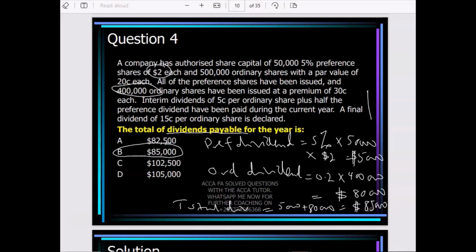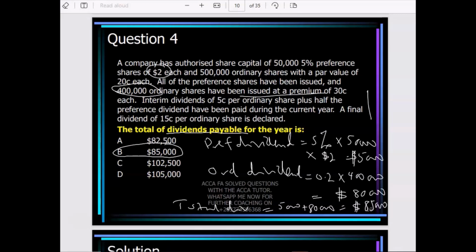The issue of share premium, these are words which are used in questions like this just to throw you overboard, but you just have to stand on your principle to understand that when we are calculating a dividend, these are the figures which are required. So always remember that the ordinary dividend is based on the par value of the share.